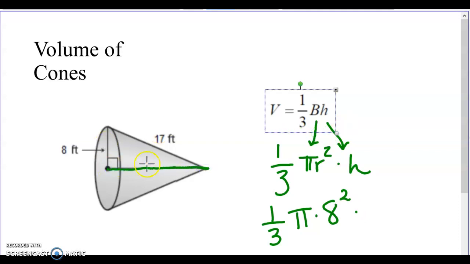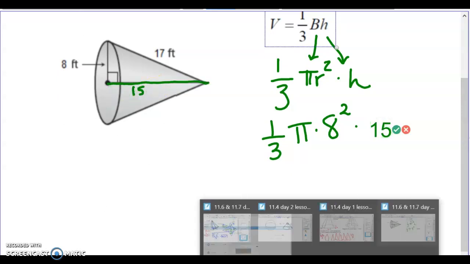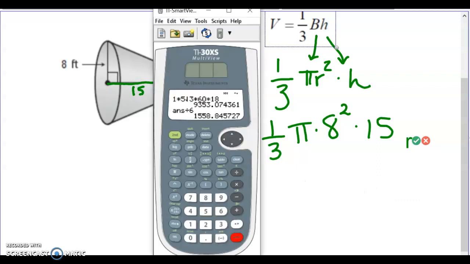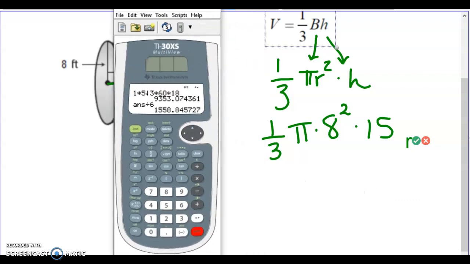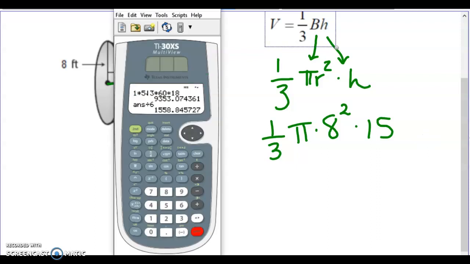So 8, 17, and 15 would be the Pythagorean triple. Now typing this in on our calculator, you can either use 3.14 or the pi button. Please just make sure that whatever you do, show me your work, because a lot of kids are getting wrong answers just because they rounded a little bit differently. But if I can see your work, that would be great.